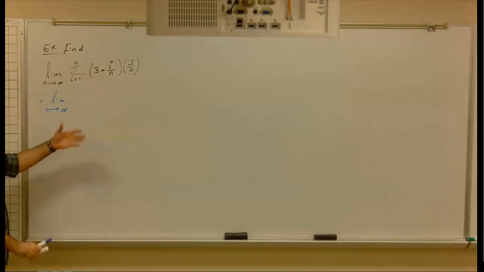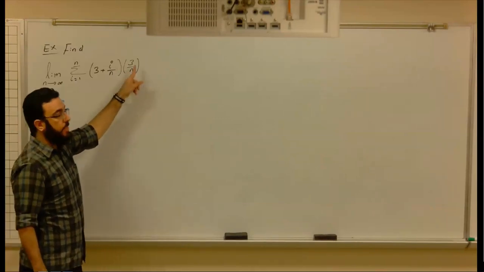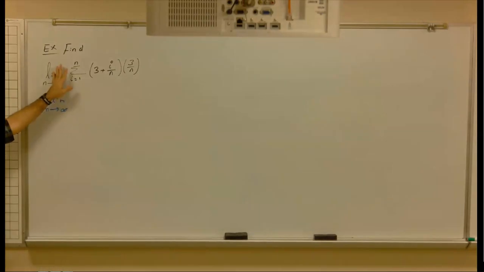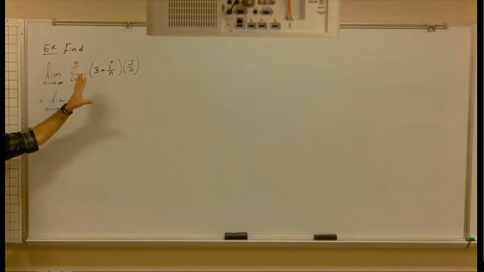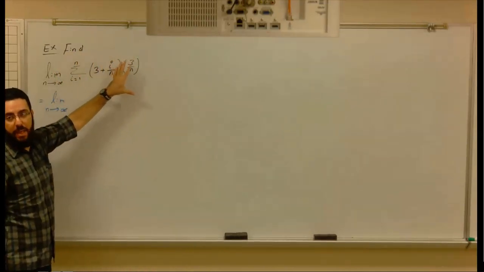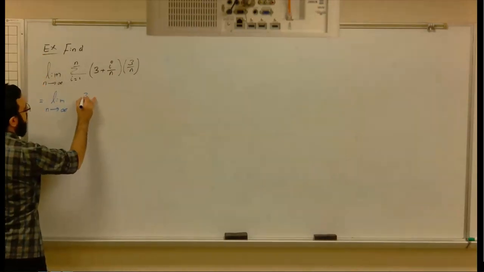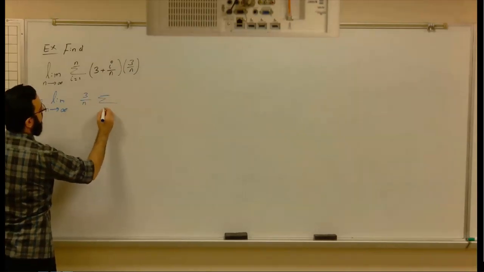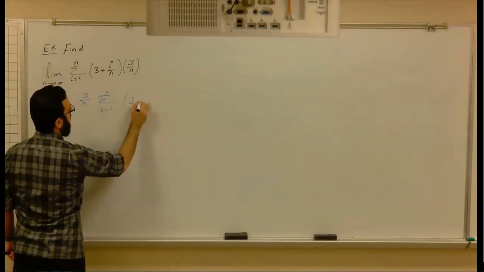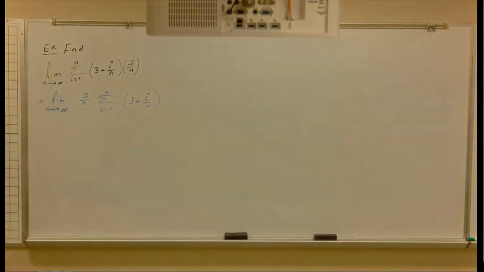Now let's look at some multiplication. If I look at this term here, it's 3 divided by n. n is the last term, right? That means it's a number. So can I take this one outside the summation? Because it's like a number, we can take it outside the summation. That means I can say it's 3 over n times the summation from i equals 1 to n of (3 plus i over n). Now, what's the next step?